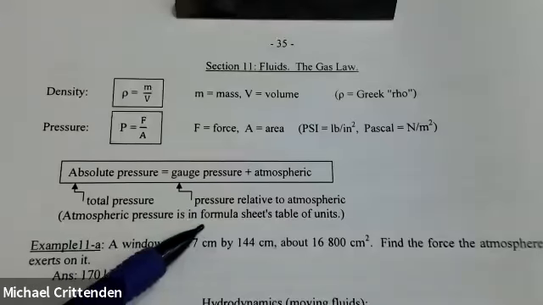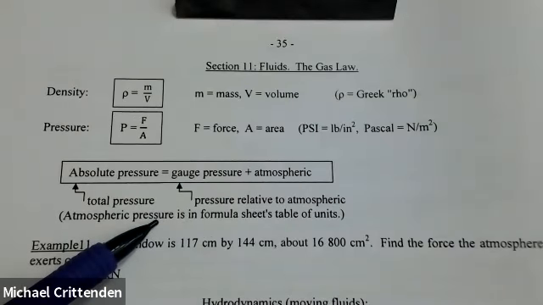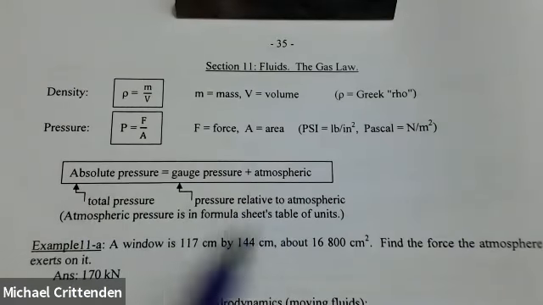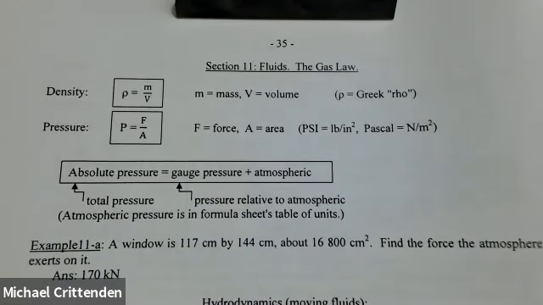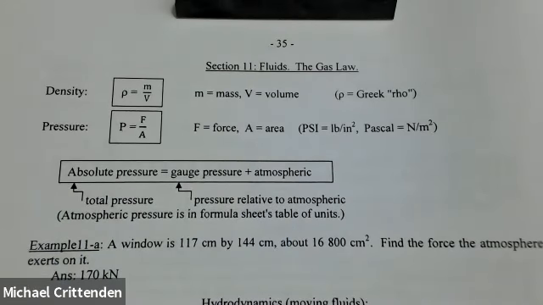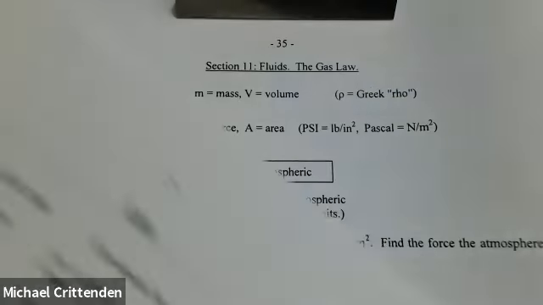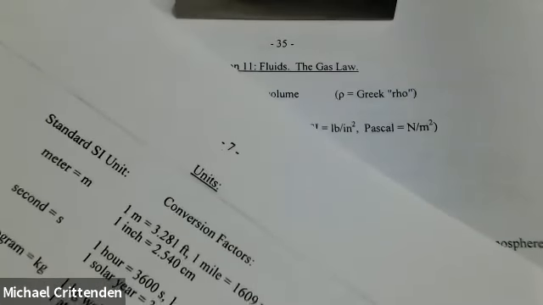And you can look up atmospheric pressure, which is what you need to convert from one to the other. Actually, I've got the formula sheet here somewhere, don't I? Right on the last page, there's the table of units.